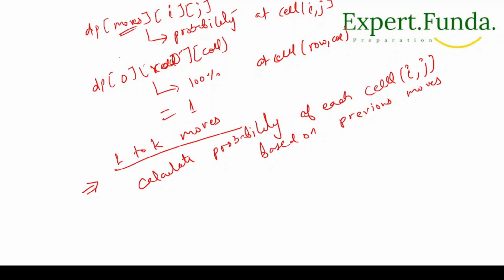We can iterate over all the cells i and j, because this is the cell we have been given. What we can do is consider all the possible moves the knight can make to reach the cell. So for example, let me move to here.